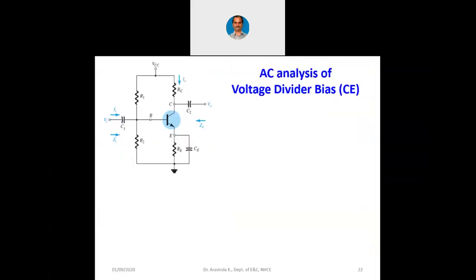So now let me proceed with the AC analysis of voltage divider bias. Now this is the circuit with R1, R2, RC, RE along with the blocking capacitor, coupling capacitor and bypass capacitor. How do we write the AC equivalent circuit for this?